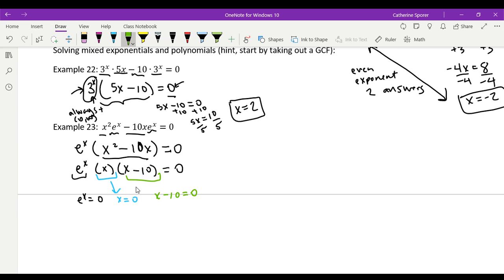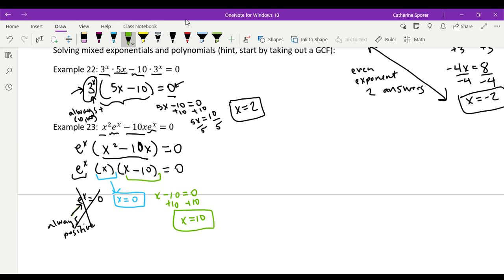However, e to the x, just like 3 to the x, that function would always be positive. So this e to the x equals 0 is never going to have a solution. So one of our solutions then is from this middle piece, x equals 0, and our other solution is from solving x minus 10 equals 0. So we would add 10 to both sides to get x equals 10.